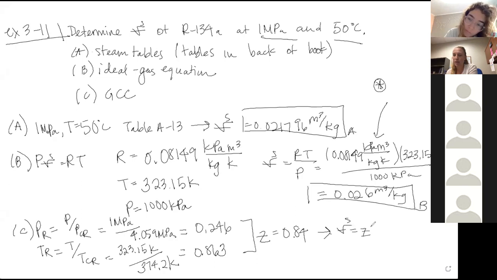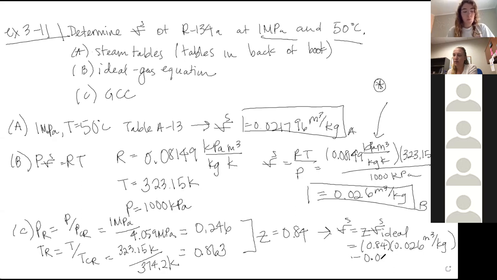So Z times specific volume ideal, 0.84 times 0.026 cubic meter per kilogram. This is equal to 0.022 cubic meter per kilogram.